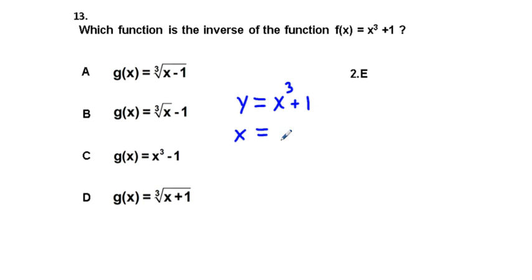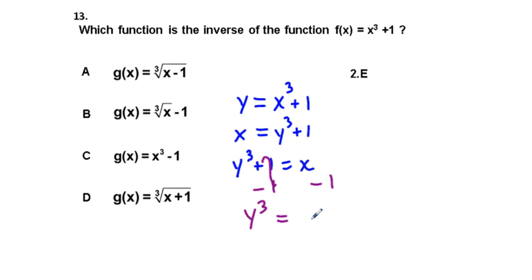So x equals y cubed plus 1. Next, I'm just going to flip these around: y cubed plus 1 equals x. Now to solve for y, we subtract 1 from both sides of this equation. 1 minus 1 cancel. We have y cubed is equal to x minus 1.